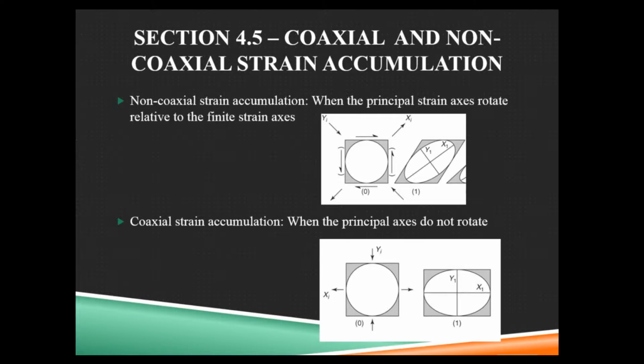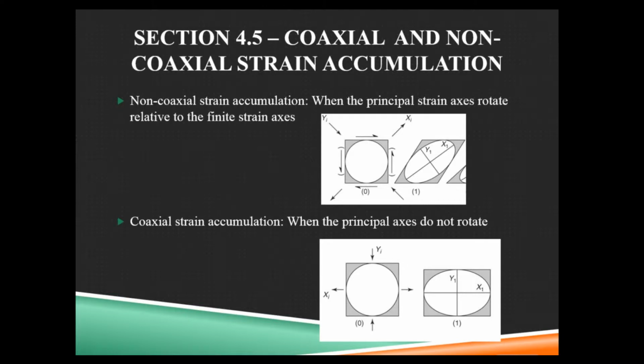Now, the next section talks about coaxial and non-coaxial strain accumulation. Strain accumulation is simply a bunch of strain happening and accumulating. It's that strain path, the steps along the way.